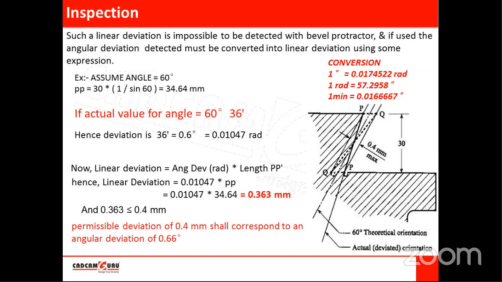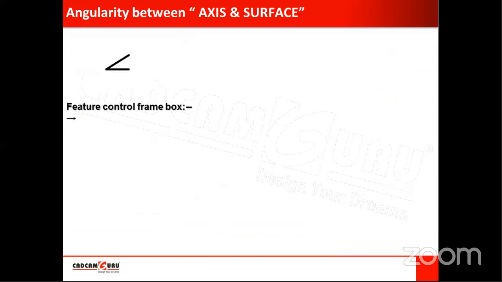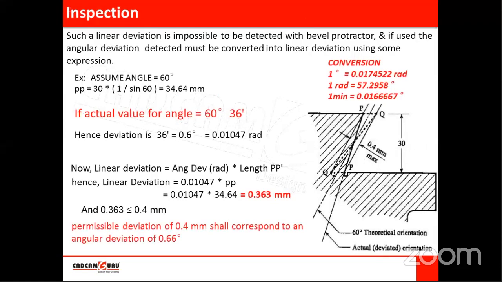Then you can directly compare readings from the bevel protector with this value, 0.66 degrees. If the actual reading is less than 0.66 degrees, then it's okay, the part is accepted. So this is about the calculation for angular deviation and linear deviation. Like this, we can do inspections for angularity.